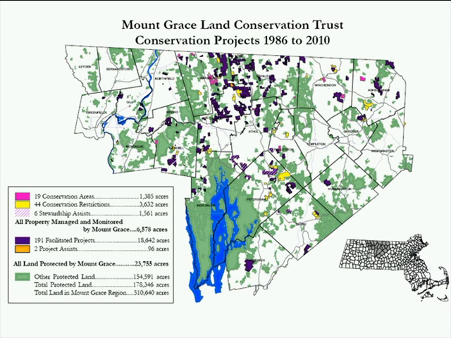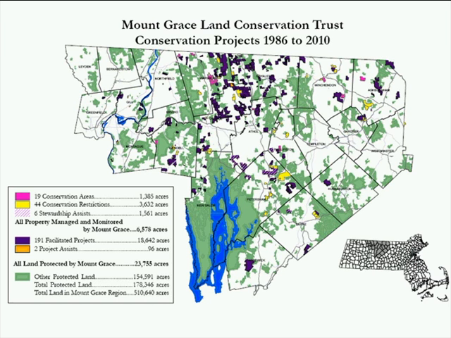So keeping in mind that Mount Grace Land Conservation Trust is a regional land trust in Massachusetts where parcel sizes are very small, and there are many land trusts. We have 6 statewide or national land trusts, about 10 regional land trusts like Mount Grace, and more than 100 local land trusts. And you can see on this map that there is a lot of protected land in our region.